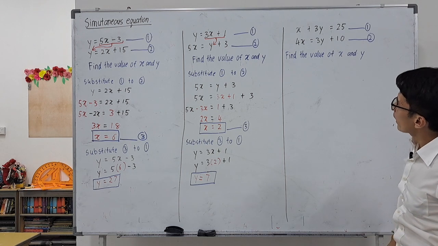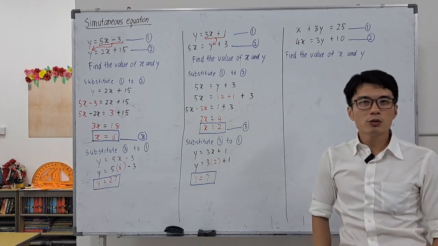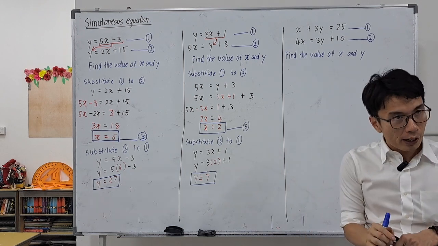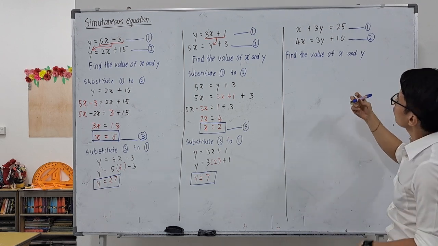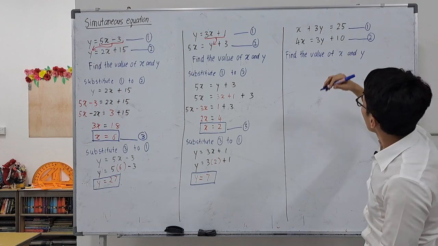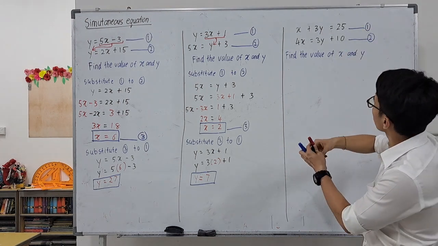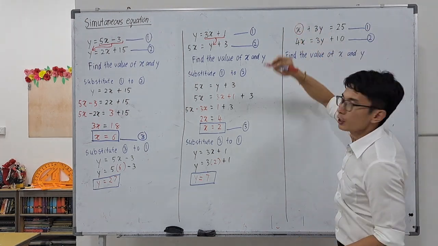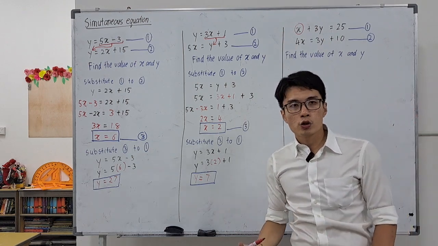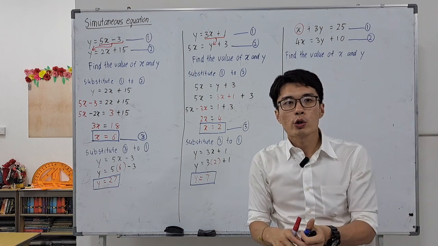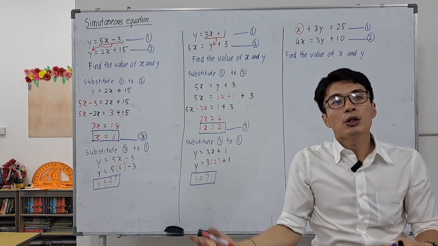Now there are actually a few things you can do, but I'm just going to stick to the basics for now and tell you what you can do over here. If you notice, I have this friendly x over here. We have already learned that we can rearrange an equation to make a different unknown the subject.